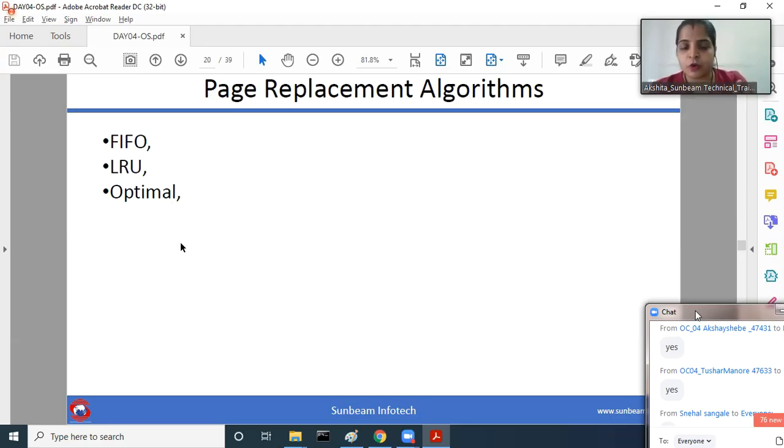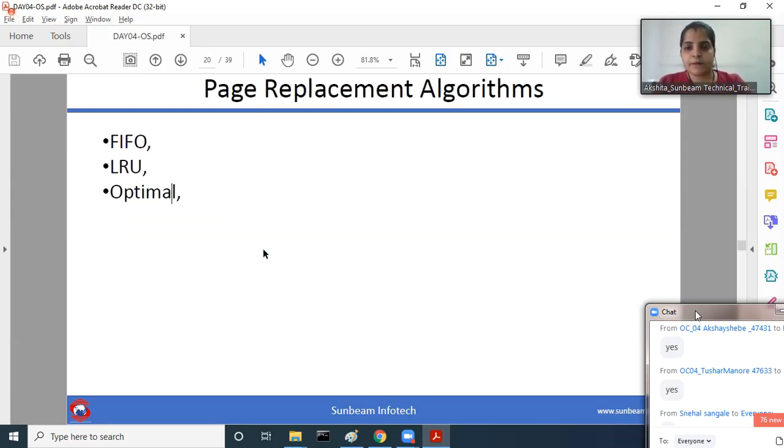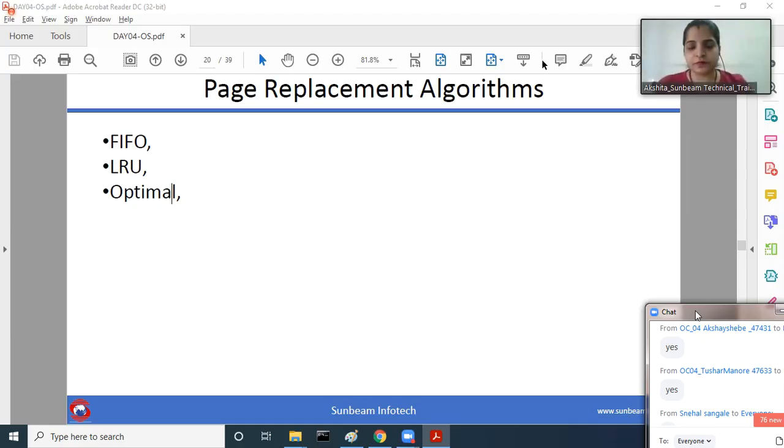Then I will go ahead to the page replacement algorithms. Any queries so far? I'll wait for a minute. No queries? Let us proceed then.